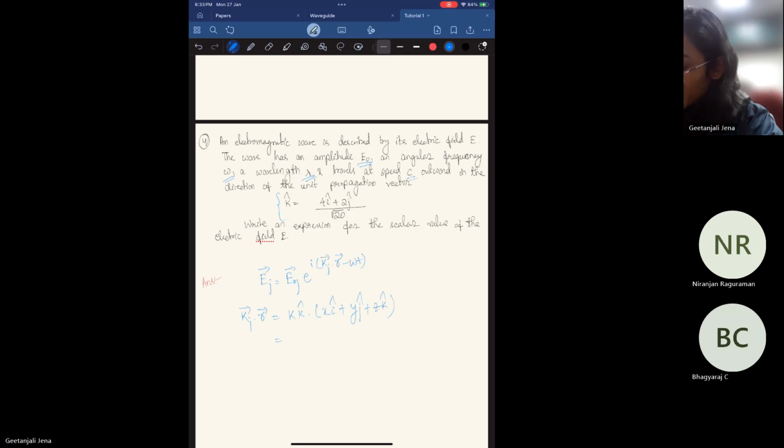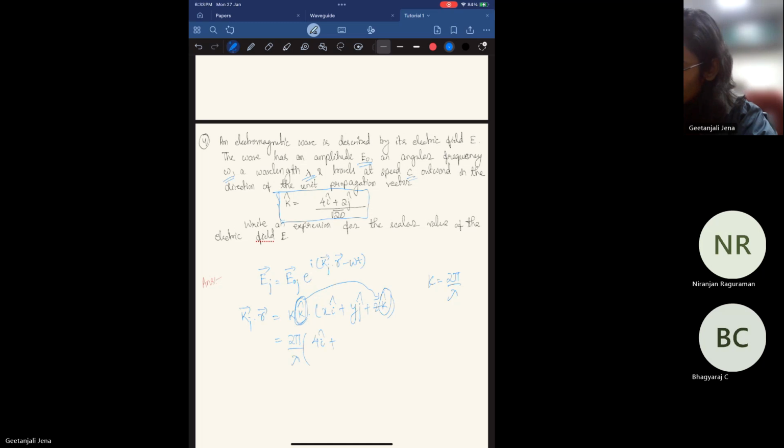So k cap is already given to you by this expression. Okay. So k you already know. K, if you recall, is nothing but 2 pi by lambda. Right? So this is 2 pi over lambda. K cap is 4 i cap plus 2 j cap over root 20. Don't confuse this k cap, which is the propagation vector, with the k cap here, which is a unit vector along the direction.